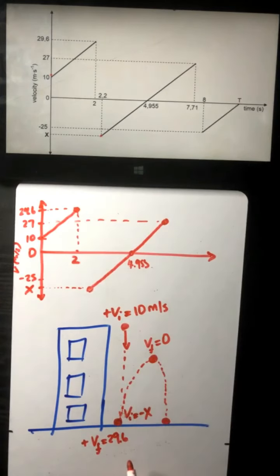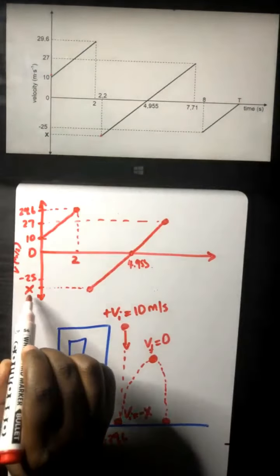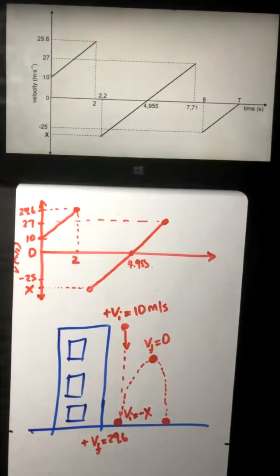leaves the ground, it doesn't leave the ground at the same velocity. So that velocity is represented by a velocity x. I think when we do calculations, we'll find out how much that velocity is.